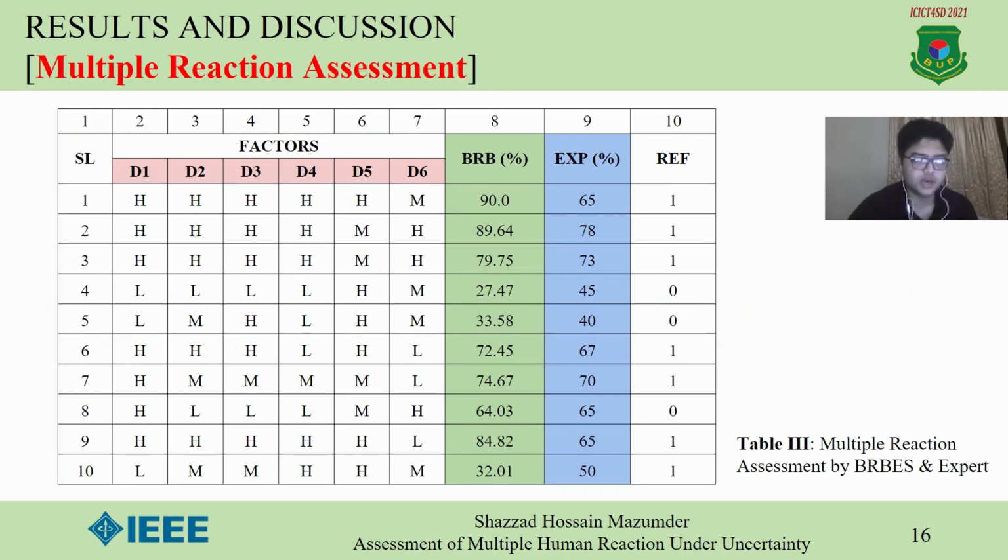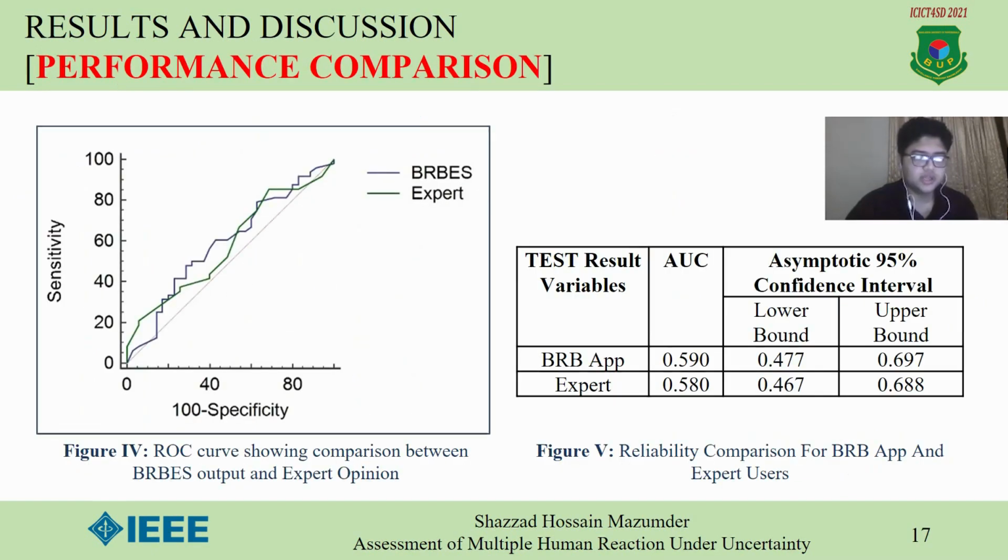We consider the outcome equal to 1 when the expert opinion on label reaction exceeds 45%, otherwise the outcome is considered as 0. With this baseline consideration, the outcomes are shown separately on column 9 of the table with header REF. To get the ROC curve for the reaction assessment result, false positive rates are plotted on the x-axis and true positive rates are plotted on the y-axis.